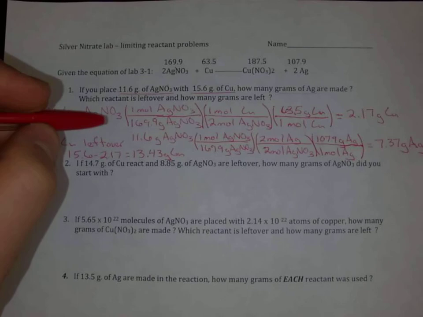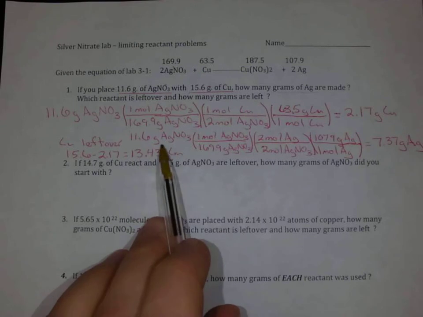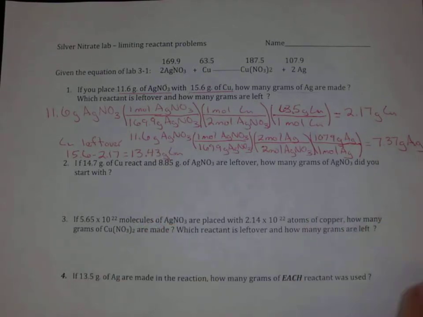Okay? These stoichiometric calculations are really a sentence. This one is saying 11.6 grams of silver nitrate is going to react with 2.17 grams of copper. But the 11.6 grams of silver nitrate also is going to produce 7.37 grams of silver, okay?